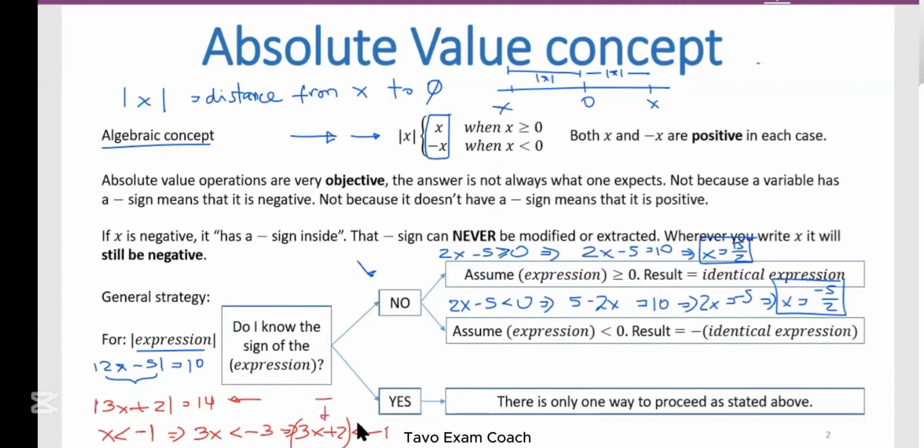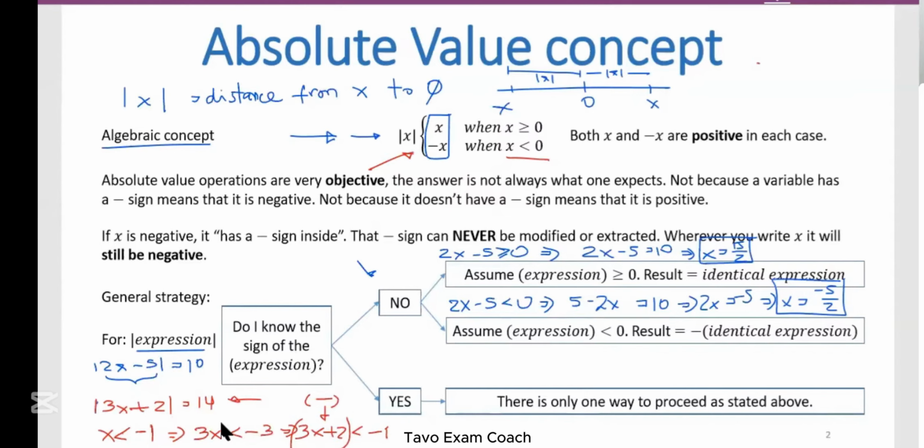Okay? Because of that, when we try to solve this equation, we can simply open the symbols of absolute value by using the equivalence here. Because when you have a negative number, its absolute value is the additive inverse. That is to say, we need to change the sign of the expression.